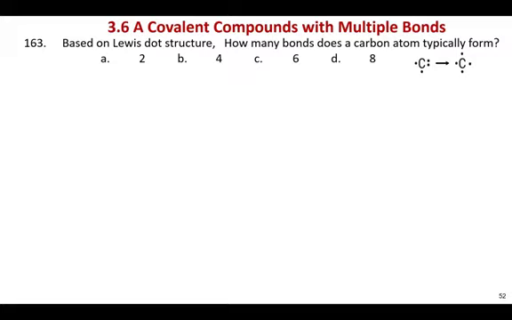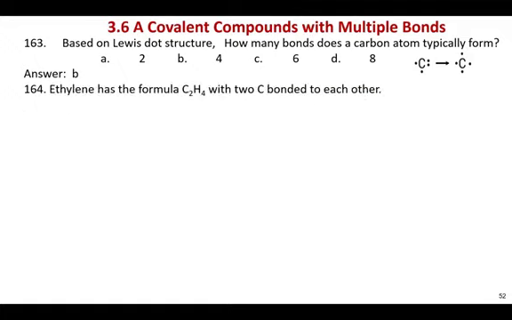Therefore, carbon forms 4 bonds. Answer is B. When you're making the Lewis dot structure, carbon has a lone pair, but it gets excited to 4 single electrons, which could be shared. So therefore, the answer is B.